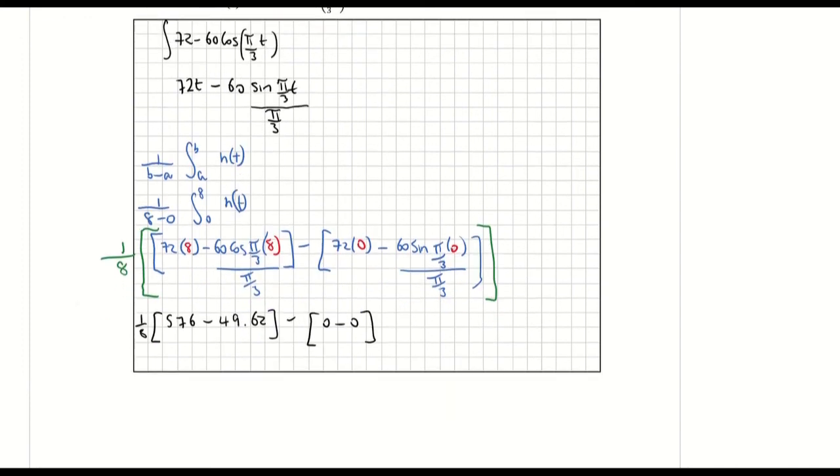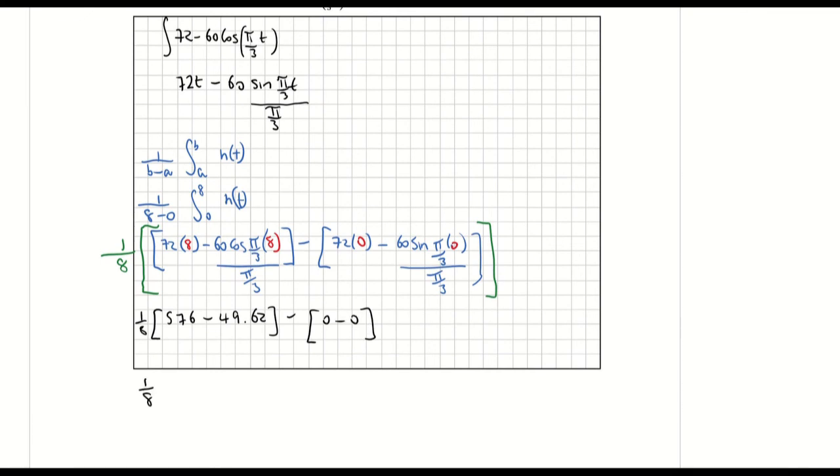So that's going to be 1/8 of 526.38 subtract 0, which is giving me 1/8 of 526.4 if we round it to our 1 decimal, which is giving me an answer of 65.8 meters. And that's part F complete.